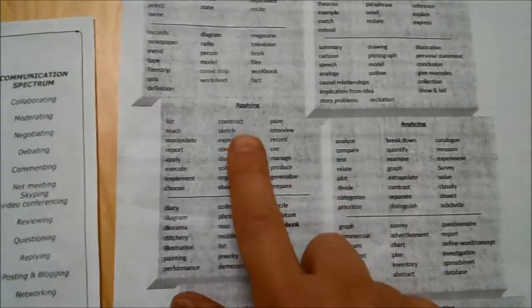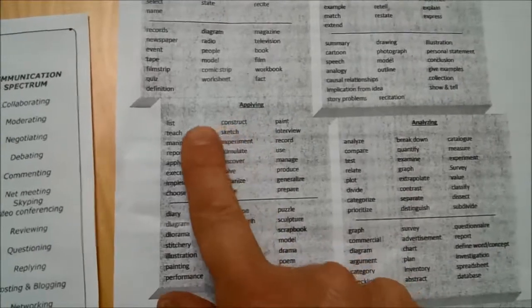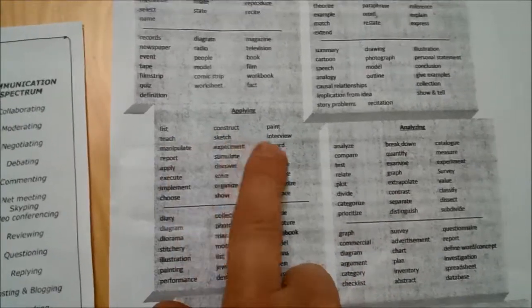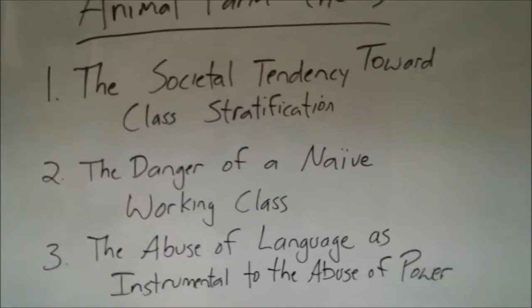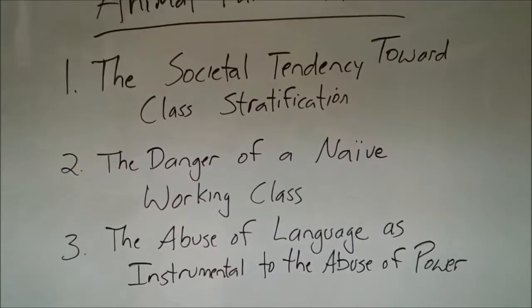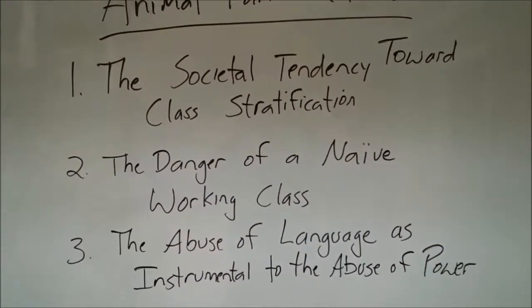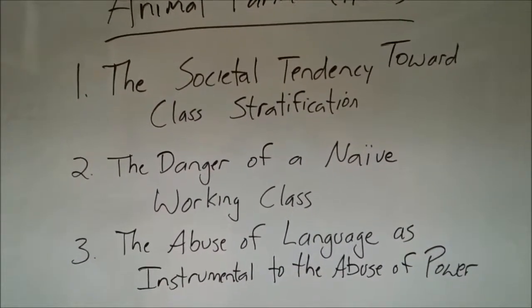So I'm looking at applying, and I've already done this earlier, so I'm not going to do it on film here. But I couldn't find anything in there that was good. I went to analyzing. I didn't find anything that was appropriate for them. But then I went down here, and I realized that, you know what, I could have them simply evaluate each of the themes and determine whether these themes are good or bad, put that in quotes, whether they are actual or only in the book.